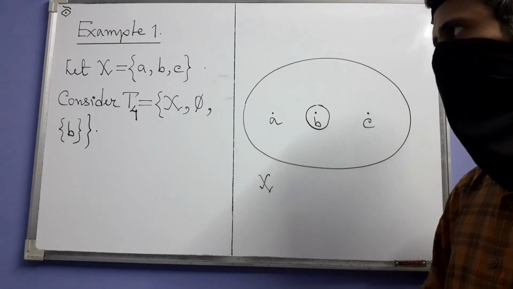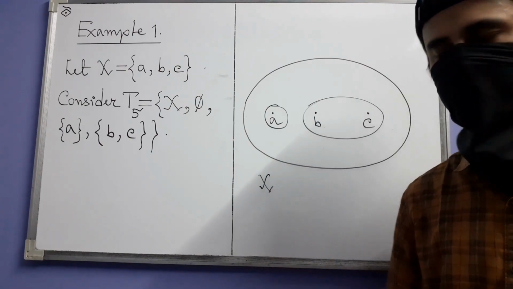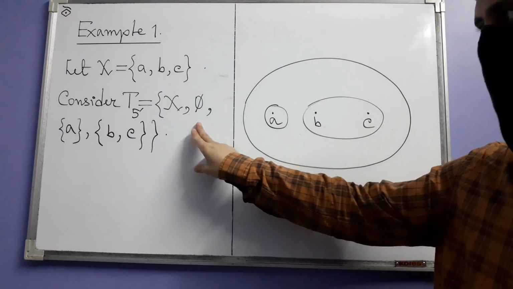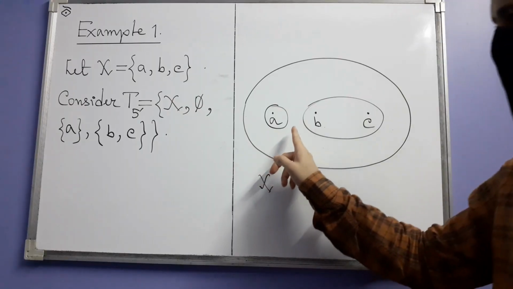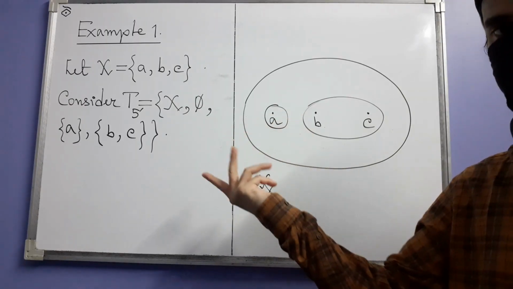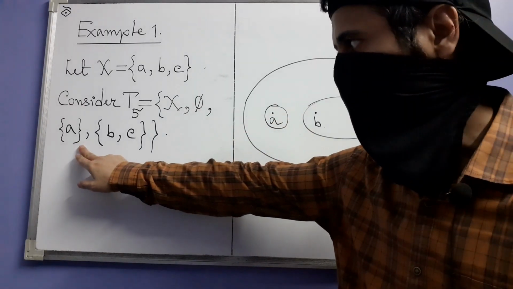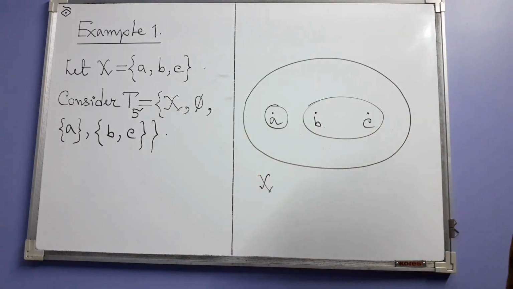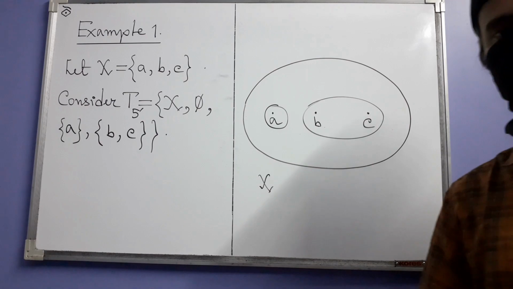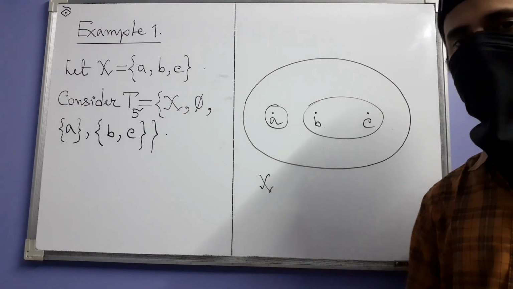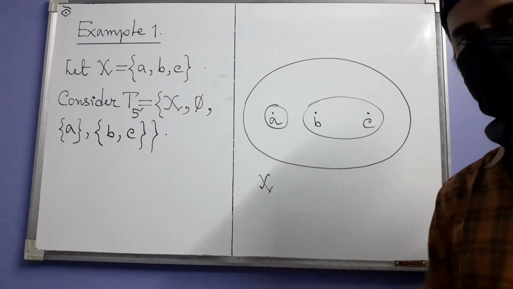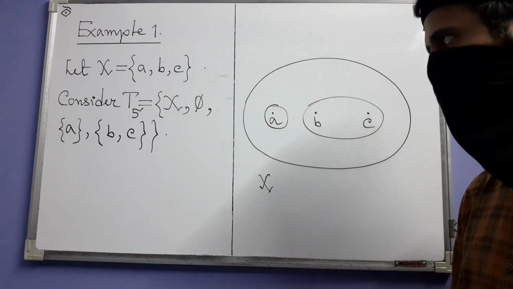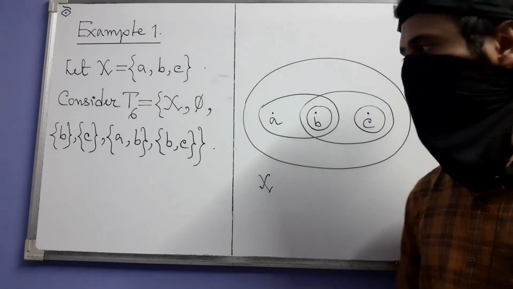Next collection is T5. Here besides X and the empty set, we have the singleton set, so that set again came back, consisting of A and the pair set B comma C. So this is another topology on X, and you get another topological space. This one also you verify. Next, T6.